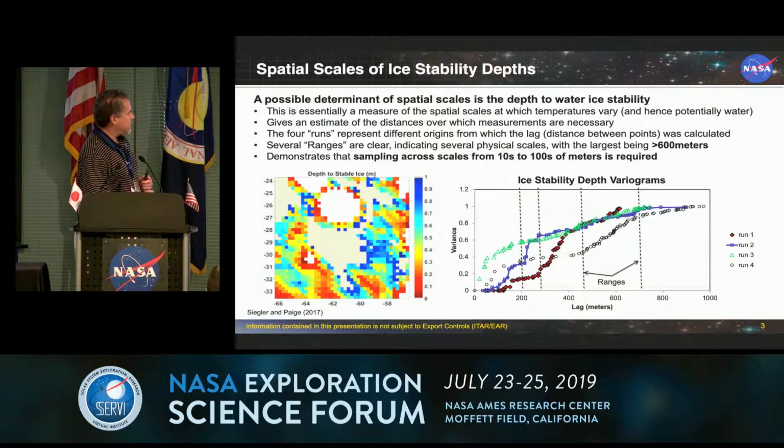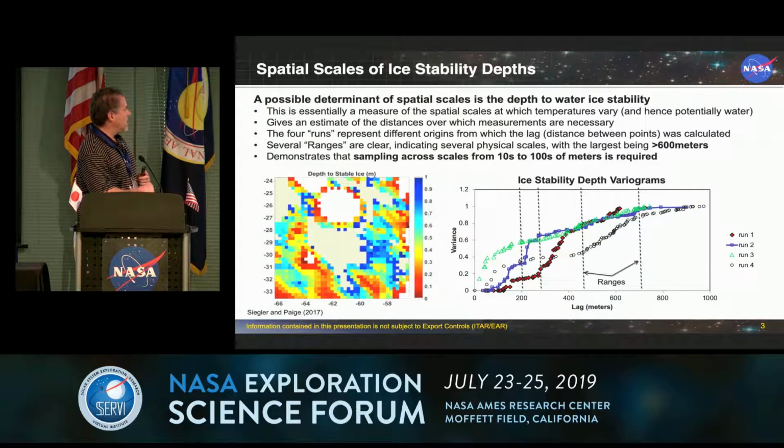At that point, the range indicates a change in the spatial scales at which things are varying. The takeaway is you see various points where this data rolls over, continues, rolls over, continues. Those various ranges give you estimates for the scales at which the phenomenology is changing. You need to measure across these distances, or you could have aliasing problems, missing fundamental scales, et cetera.